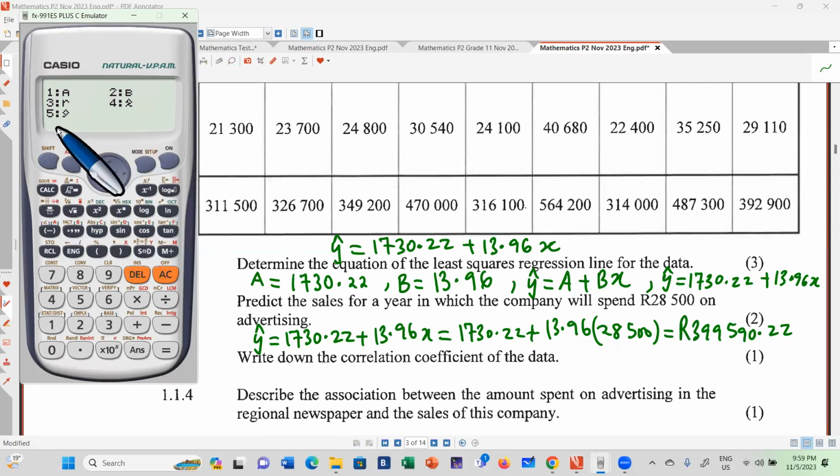Right, the correlation coefficient is R, and R is 3. So we're going to press the number 3 on the calculator, 3, equals.